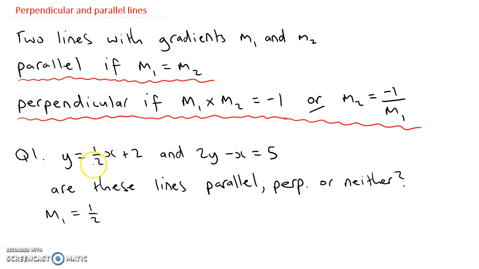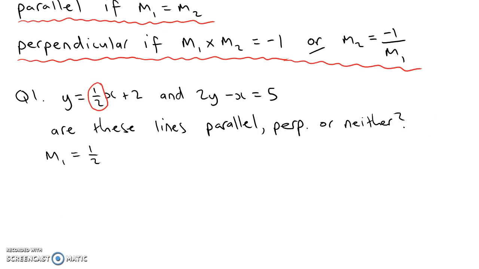This line here is already in gradient intercept form, so we know straight away that the m value is a half. Now we need to find the gradient of this second line here. So what we want to do is rearrange it into gradient intercept form.